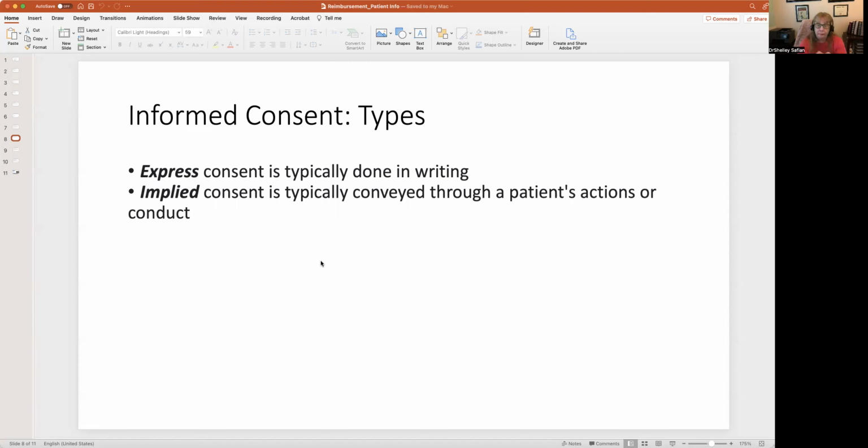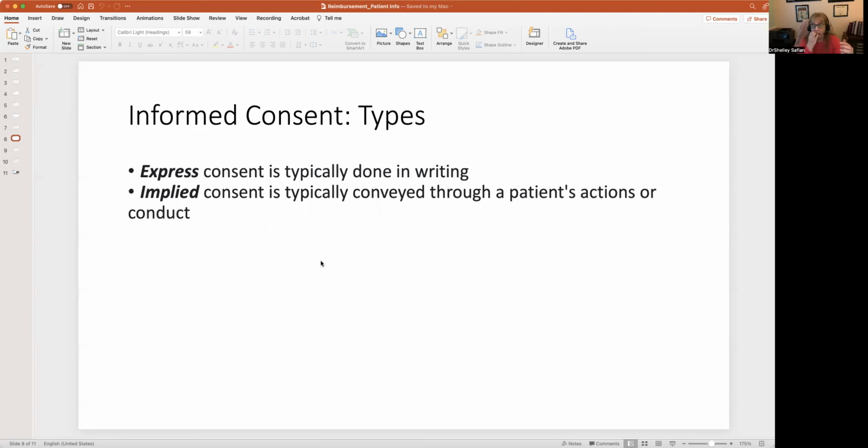Implied consent is typically conveyed through a patient's actions or conduct. So what that means is a patient comes to the doctor's office, they are led to the exam room, they go into the exam room, they get into the little paper dress. That implies consent for an examination, or to have a discussion with the physician or the nurse practitioner.